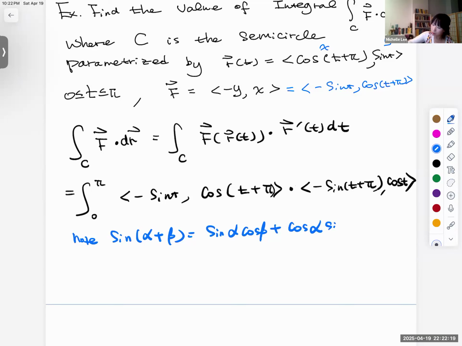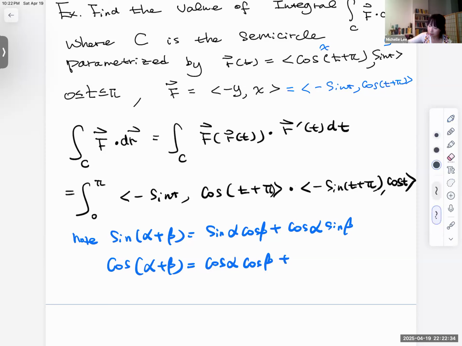And cosine of alpha plus beta equals cosine alpha cosine beta minus sine alpha sine beta.